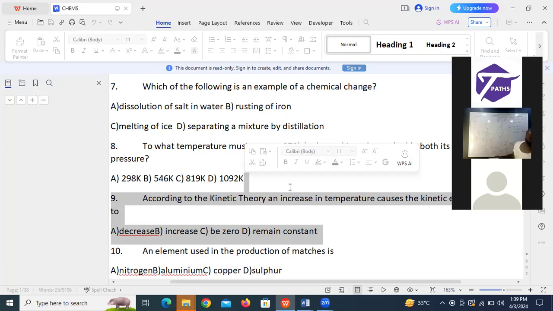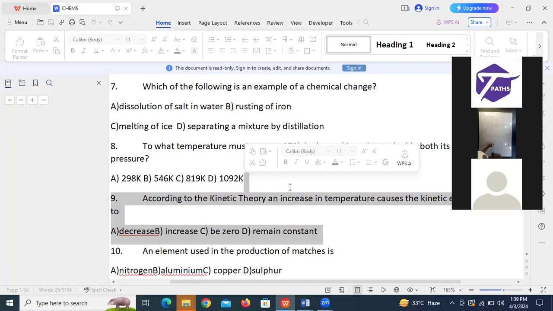What is kinetic energy? Energy due to motion. When you are increasing the temperature of something, you are increasing the kinetic energy. It's just like when you have a pot and you put water on it. The temperature keeps on rising, and you now see some particles bubbling.